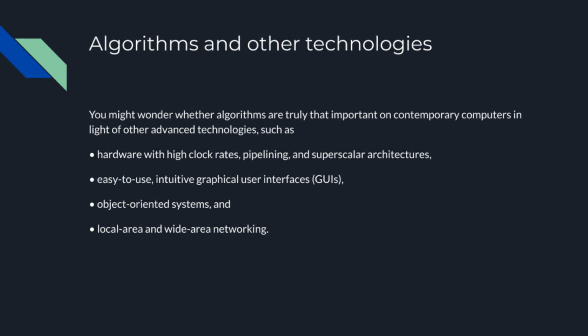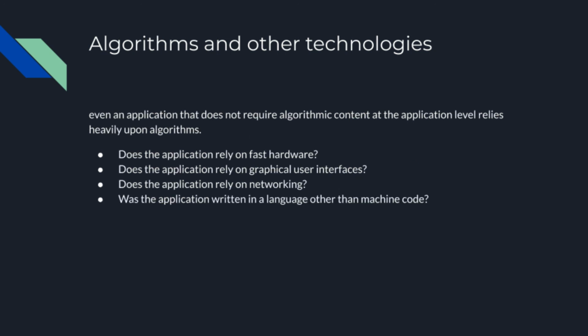Moreover, even an application that does not require algorithmic content at the application level relies heavily upon algorithms. Does the application rely on fast hardware? The hardware design used algorithms. Does the application rely on graphical user interfaces? The design of any GUI relies on algorithms.